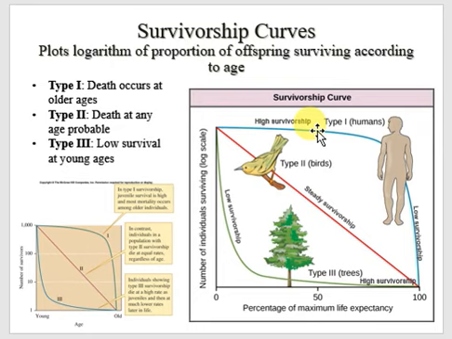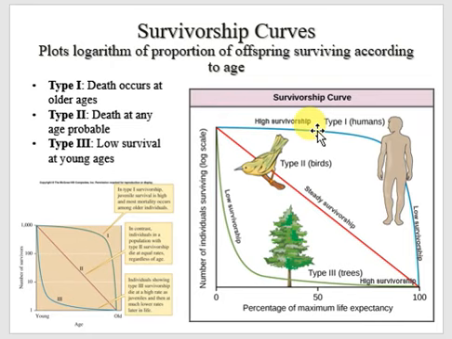A lot of these clutch sizes or nest sizes of these species, again, are small numbers of offspring. So they invest a lot of care into these small offspring yields in order to increase the probability of survival.